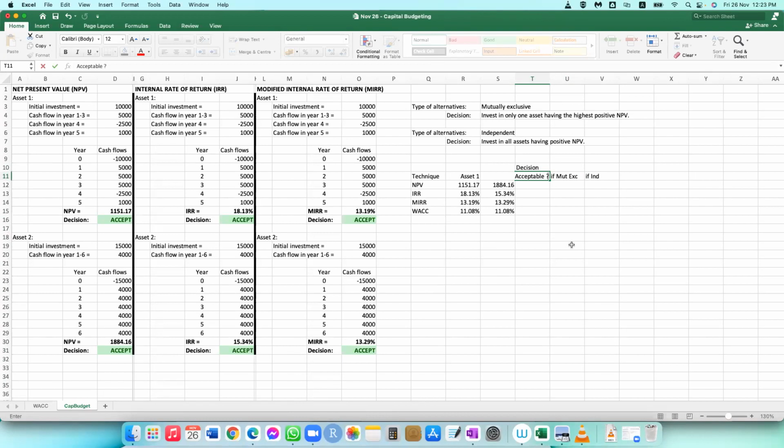So by acceptable, what I mean is, is it acceptable at all or not? Then we will make the decision if mutually exclusive or if independent.